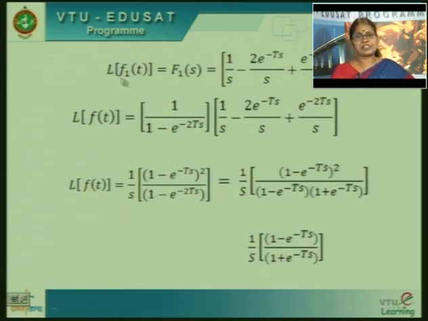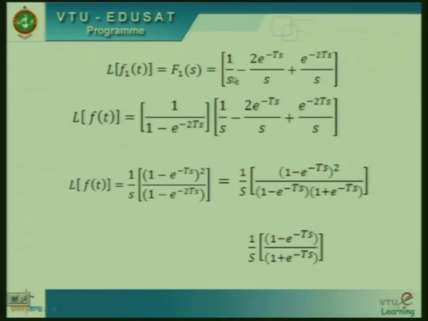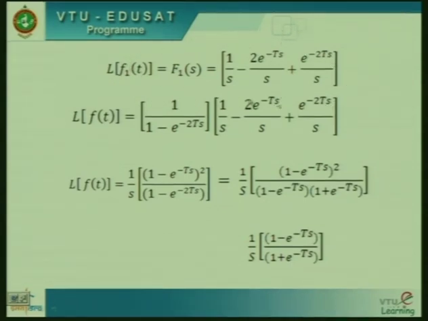So, Laplace transform of f1 of t, which is denoted by F1 of s, is equal to 1 by s minus 2 by s into e power minus Ts plus 1 by s into e power minus 2Ts. So, this is the Laplace transform of first cycle or one cycle of our periodic wave.